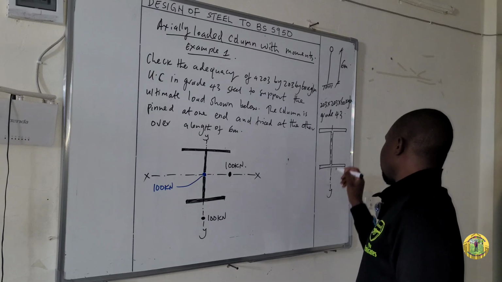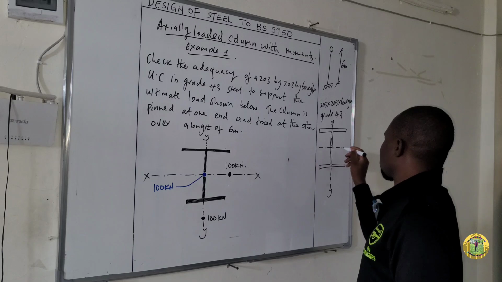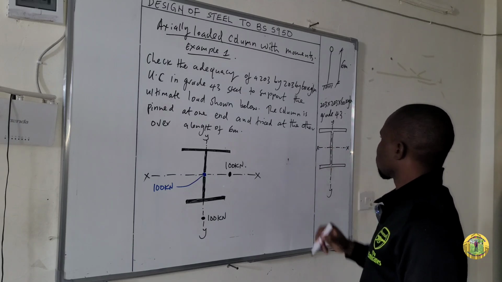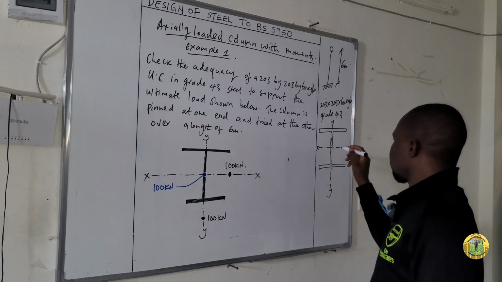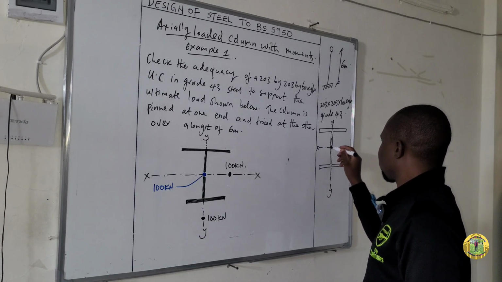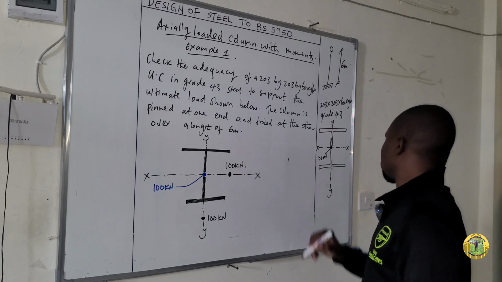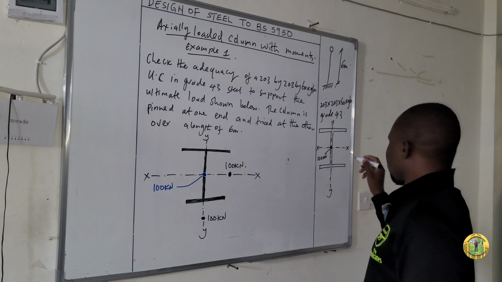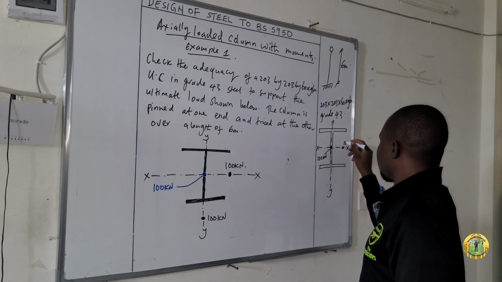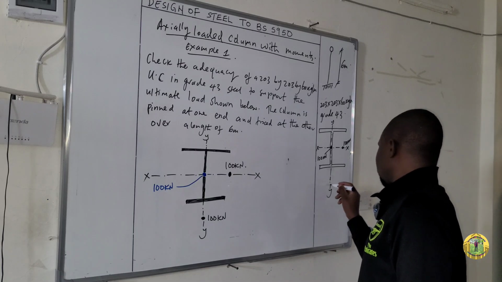So this is the YY axis and this is XX. The load at the center is 100 kilonewton, and here we have 100 kilonewton again, and again 100 kilonewton.